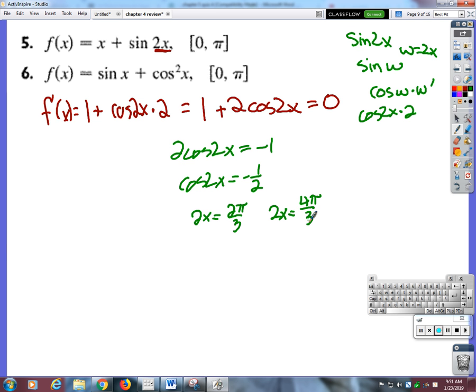Like Gage said, this is for 2x. Okay, so how do I get rid of this 2? Divide by 2. So that means in this case x would equal, good, and in this case x would equal 4 pi over 6, which is 2 pi over 3, which is in that range. So you do have to use that also. Okay?